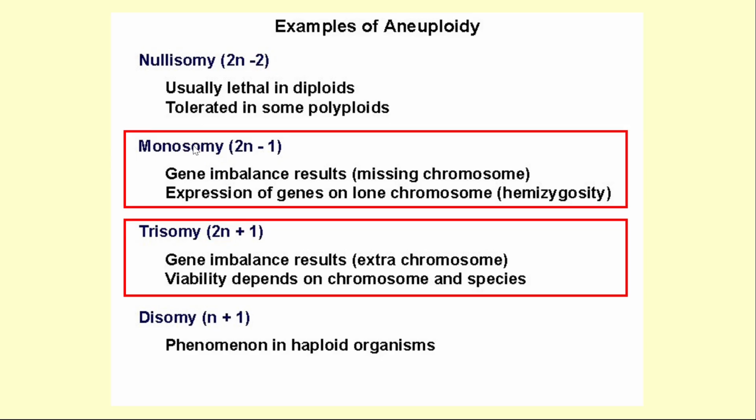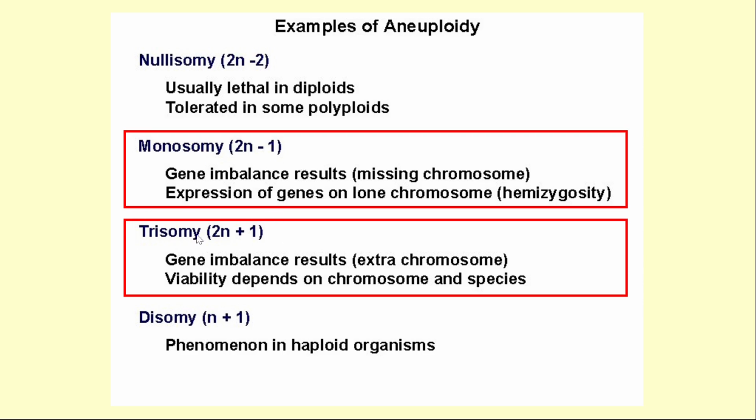Monosomy is 2n minus 1, mono meaning 1, somy related to loss. So this is 2n minus 1, and there's a gene imbalance because there is a need for two of these homologous chromosomes to produce the normal amount of proteins needed for the development of the organism. So monosomy is 2n minus 1.